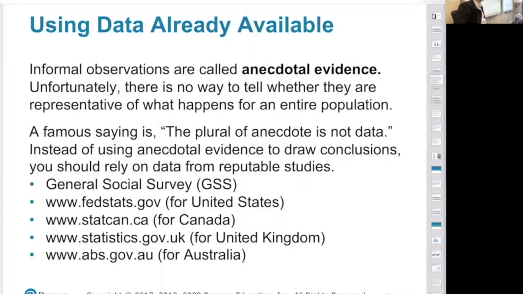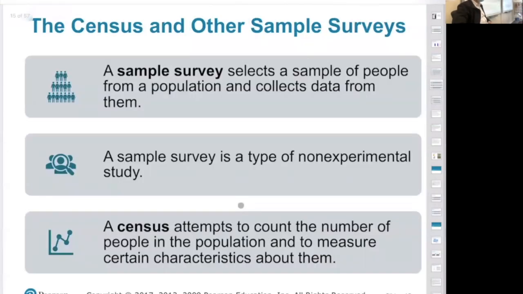But the more important thing is to make sure that you collect your data from a confident agency or website. Not any website gives you correct data that you can use and analyze. You already have here some websites that you can use to bring data, and these data are very, very good: the census and other sample surveys.